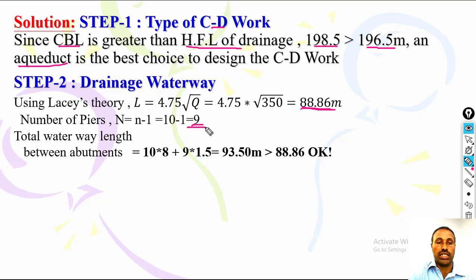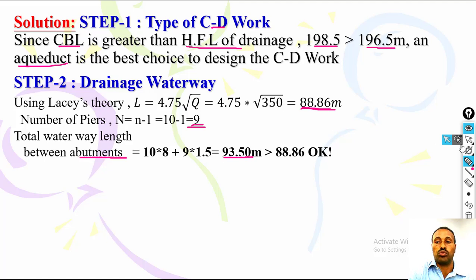So this is 9. The total waterway length between the two abutments will be 10 times span, 8 meter width of the span, plus 9, which is the number of piers, times 1.5. So this is the total waterway length between the two abutments, 93.5 meter, which is more than the calculated value, which is 88.86. So it is okay.